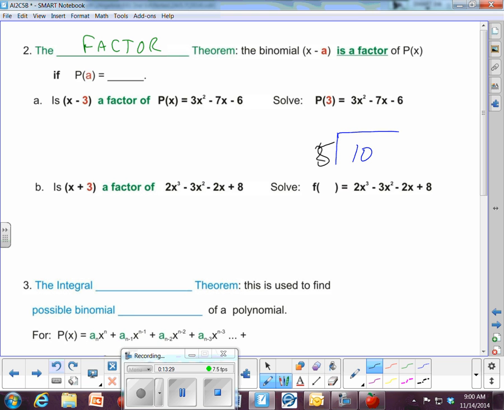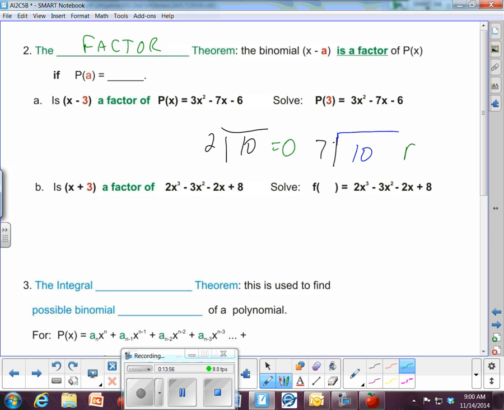Why didn't 3 work, but 2 works? What's the difference when you do the division? What's the difference in the division when you divide by a 7, or when you divide by a 2? Mitchell? The remainder is 0 on this one, isn't it, right?